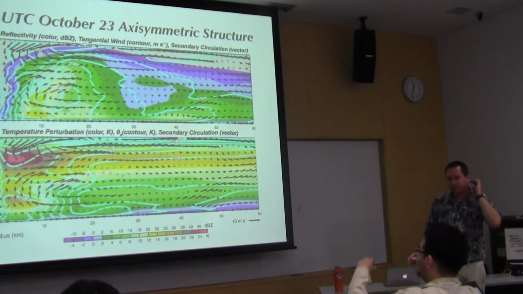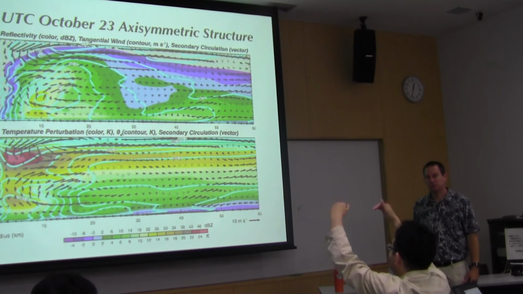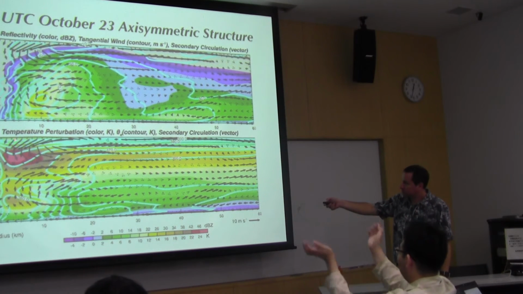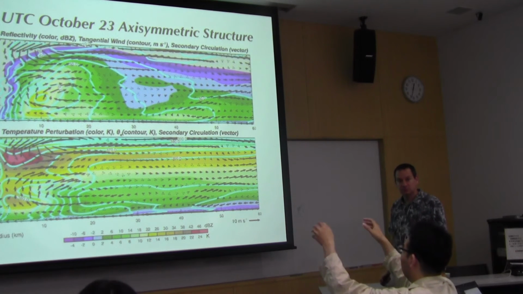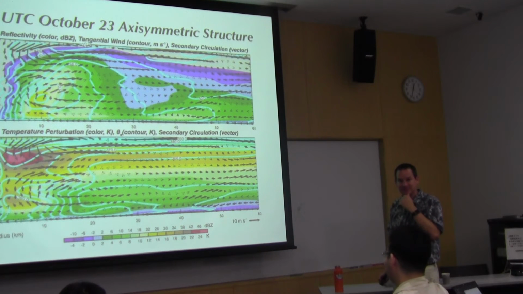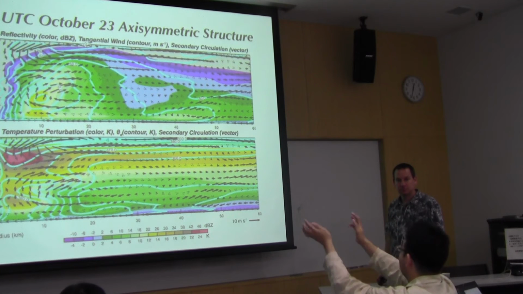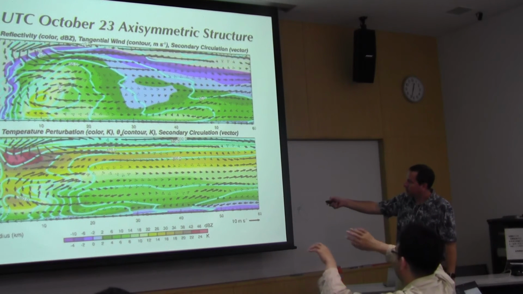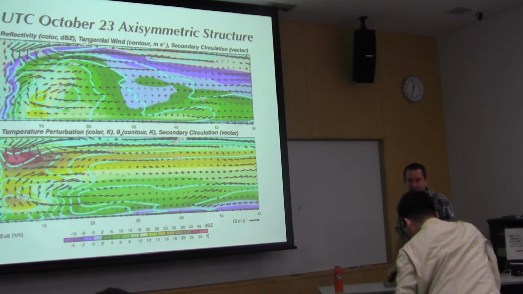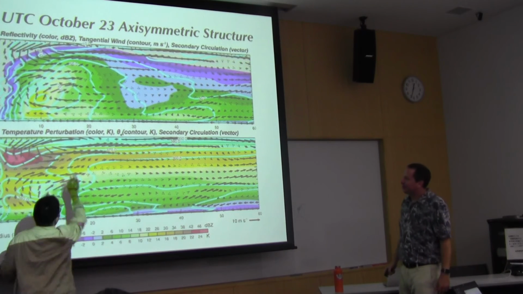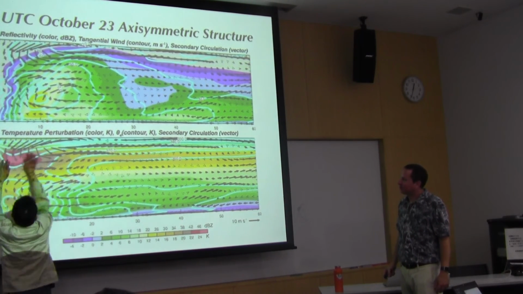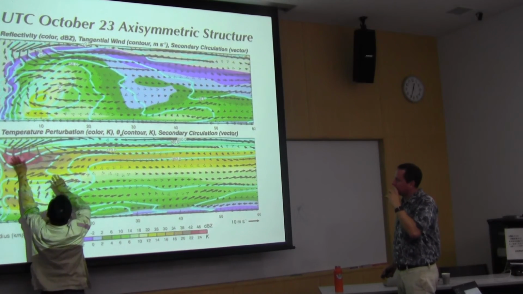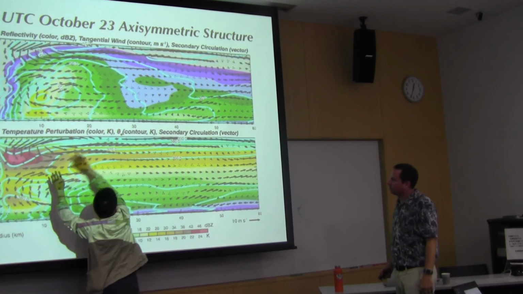It looks like air of the stratosphere descends and forms a warm core, and this air moves outward to the outflow area.